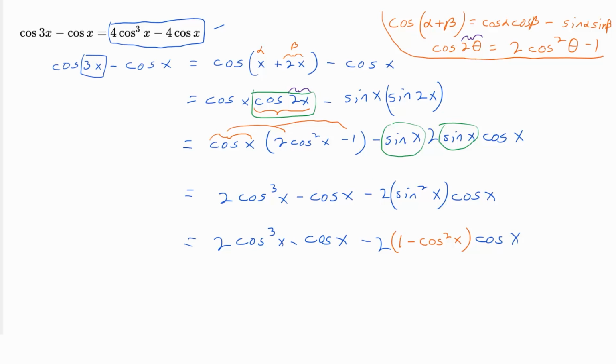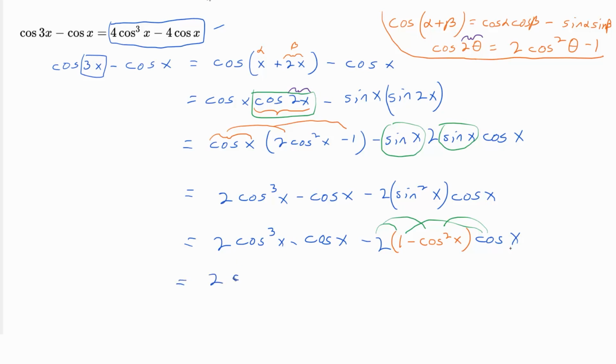Now next, I'm going to go ahead and distribute this 2, but also this cosine. So it's like distributing minus 2 cosine x. So it goes there as well. So just think of it as distributing minus 2 cosine x to both the 1 and the minus cosine squared. And what do we get?